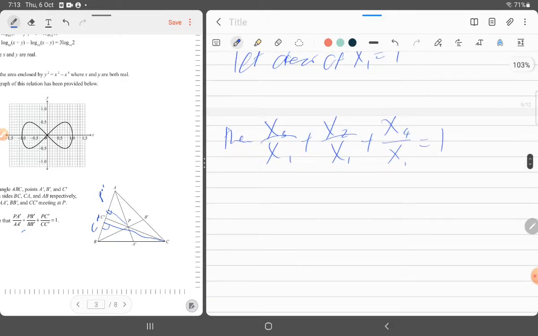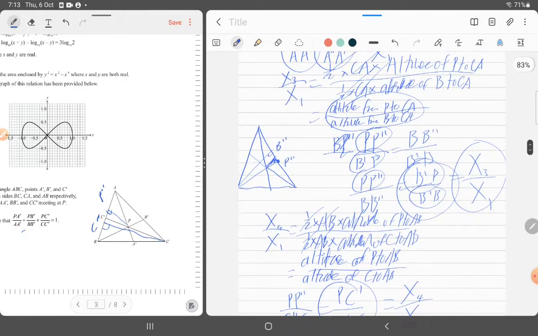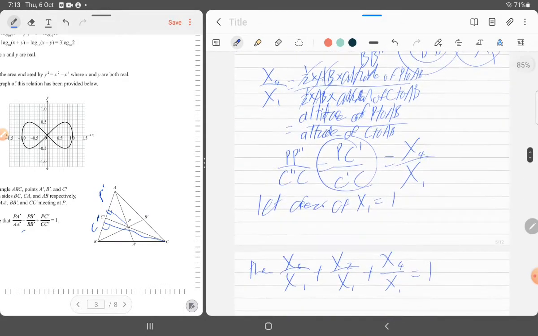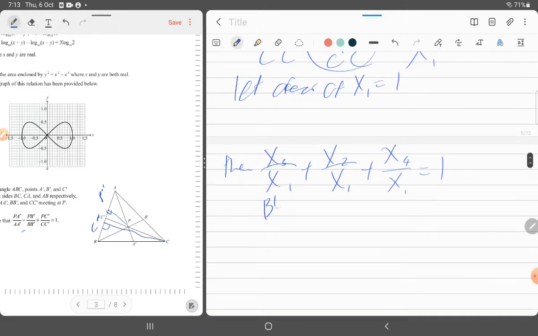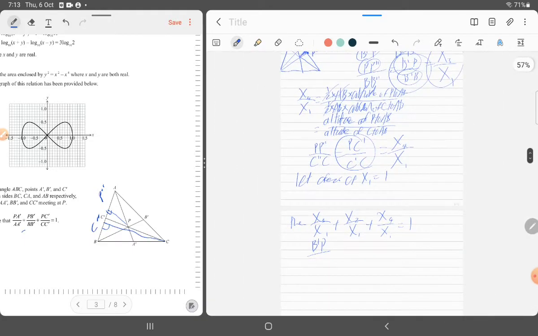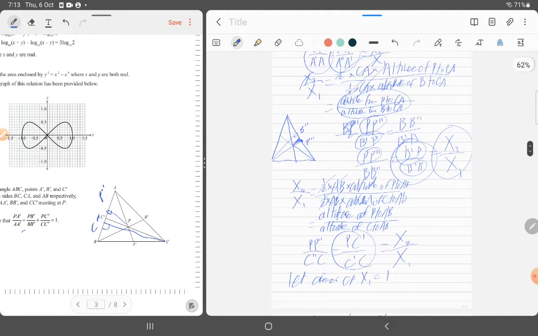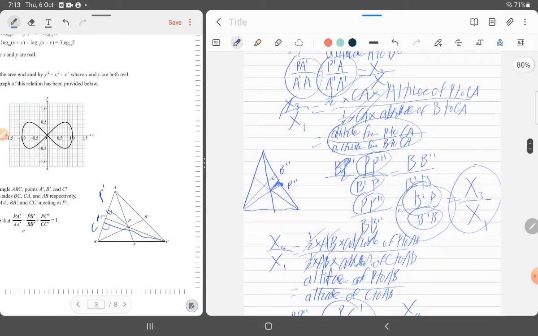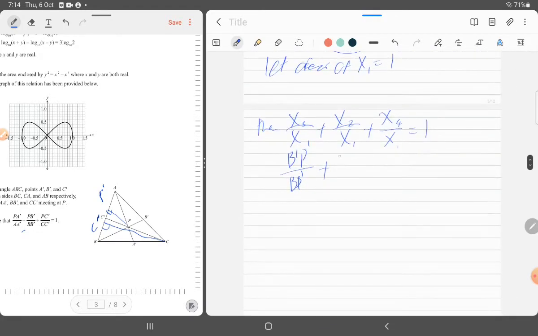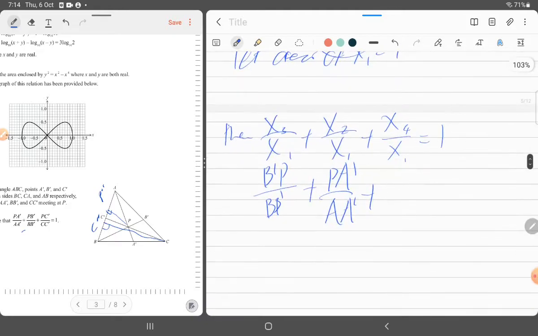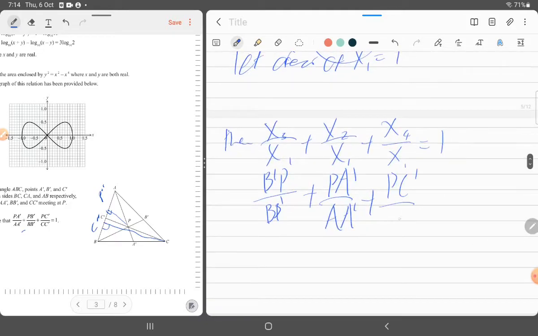Then we get x3 is equal to b dash p over b dash b, plus x2 as p a dash over a dash a, plus x4 here, p c dash over c c dash, which is equal to the area of 1.